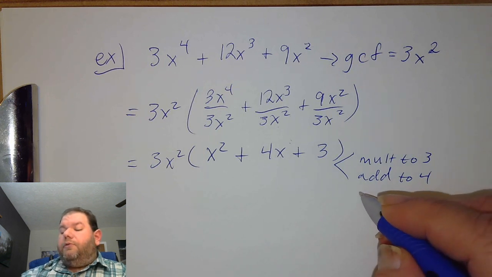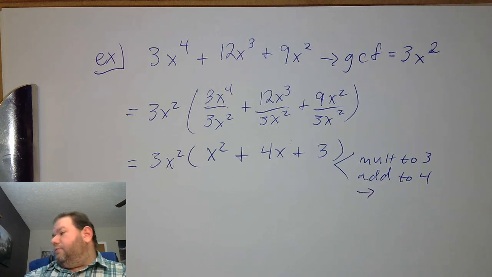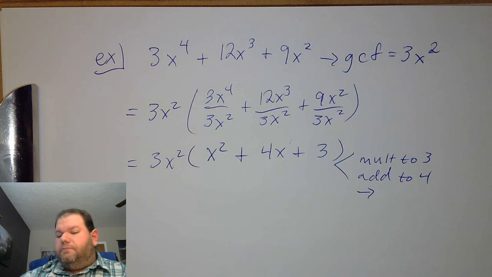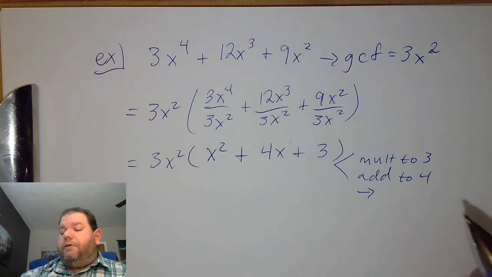So what two numbers would that be? Three and 1. Good.